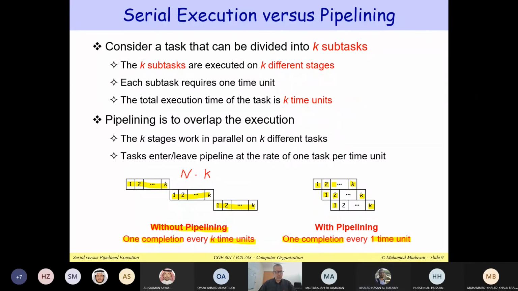But to complete the second one, we need only 1 extra cycle. So if you have only 2 instructions, it would take k plus 1. So it will be k plus n minus 1. So k for the first one, and 1 cycle for each of the remaining ones.